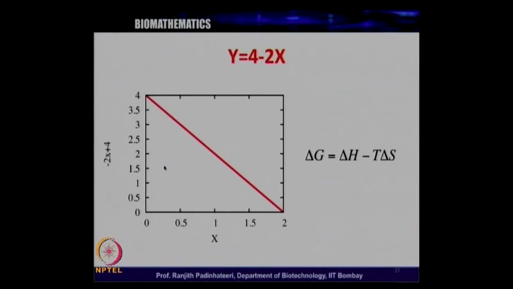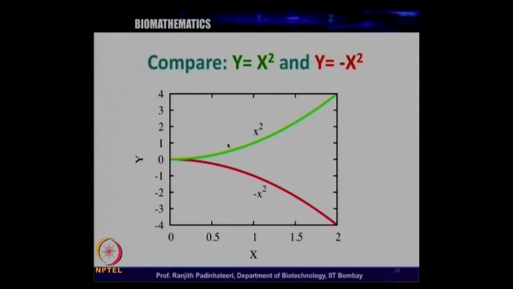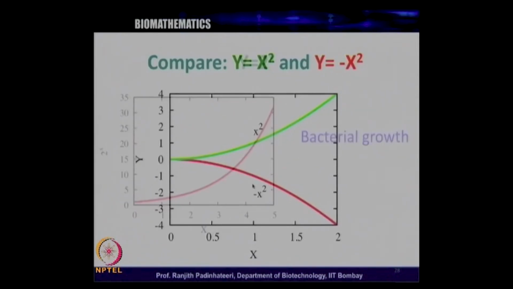Such functions are useful in different contexts, and we will learn more about these functions later. Another function is y equal to x square and minus x square. If we compare, minus x square decreases with x. So you have many such functions which decrease.